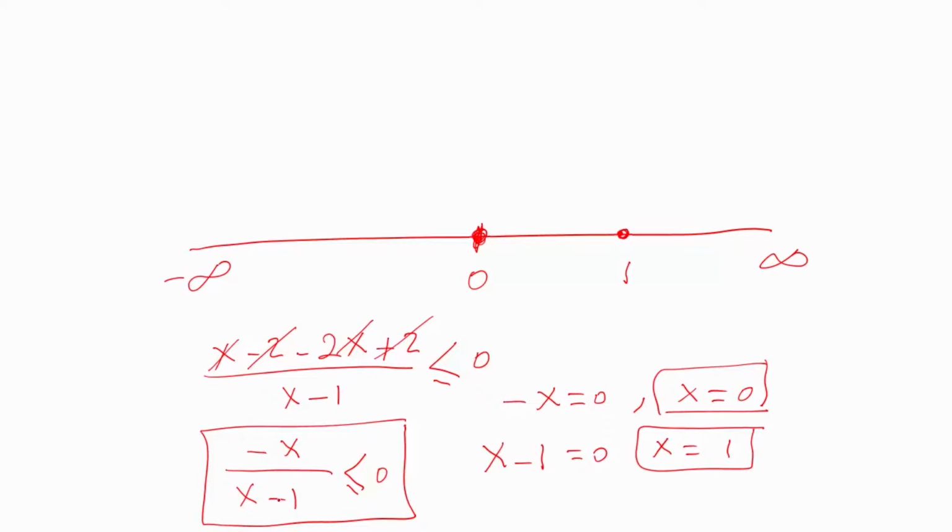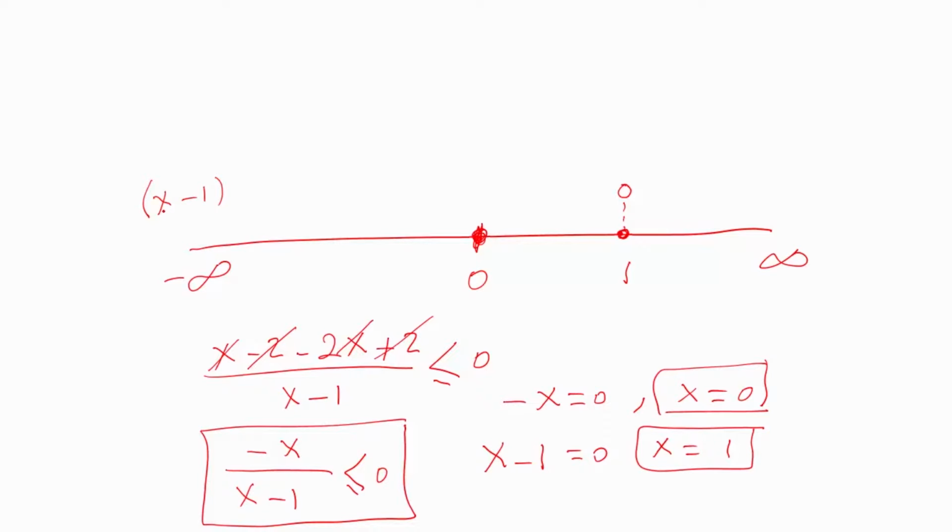Now you write the denominator, x - 1. For what value would x - 1 be 0? The answer is x sub 1. So you put 0 right here. Any value less than 1 would make this a negative number, such as 0.